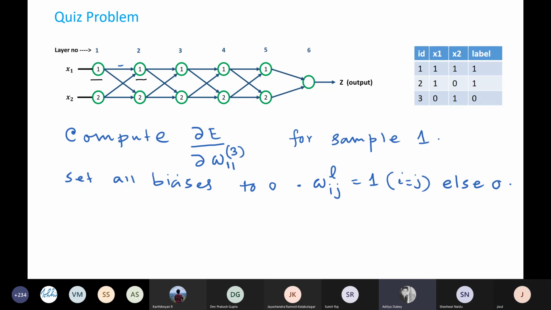Yes, sir, I still think it should be 2. Because we are using ReLU, it should be the max of x comma 0. So what is the input received by the neuron in the 6th layer? Sir, one from the upper side and one from the down side.